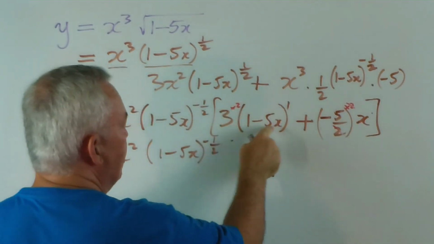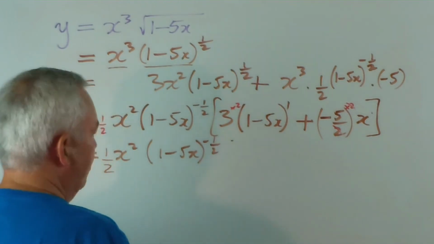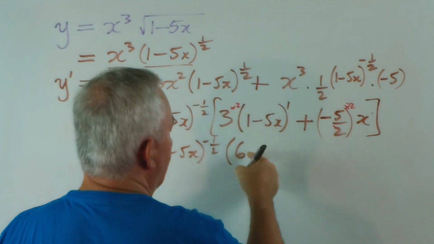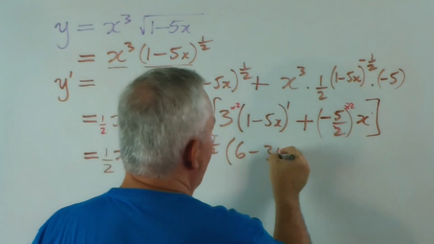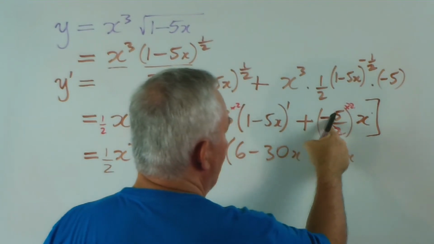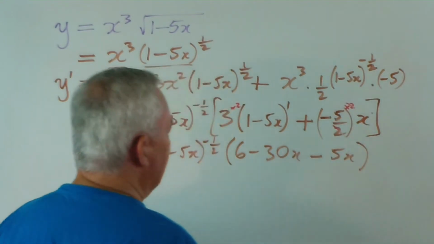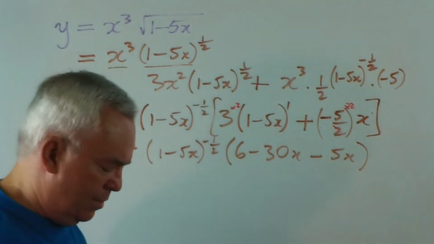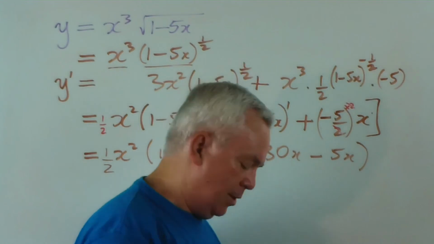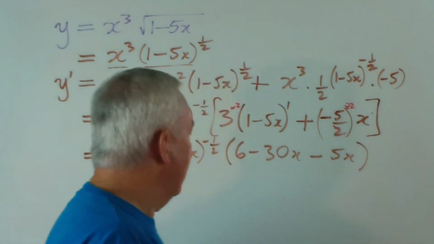But here it means I'm going to get 6 times 1 minus 5x. 6 times 1 is 6, and 6 times negative 5 is negative 30x. Plus minus is minus 5x. I hope that wasn't... I'm running out of board, so I decided to do a couple of steps at once.